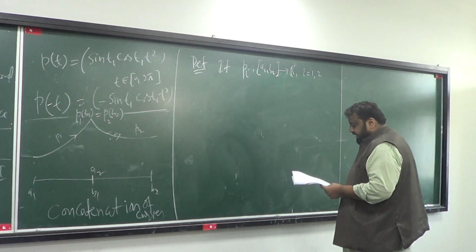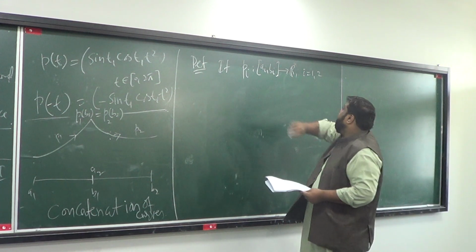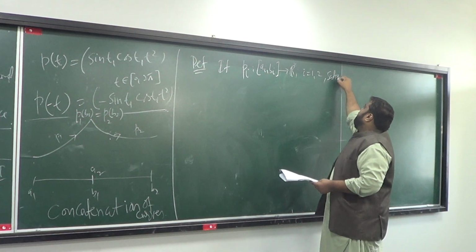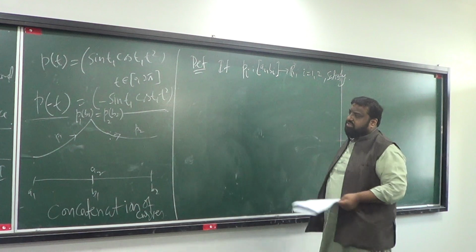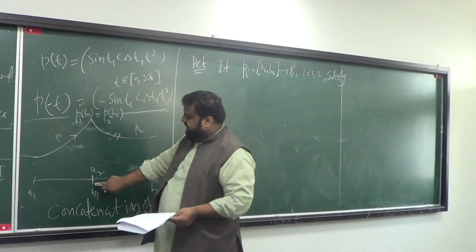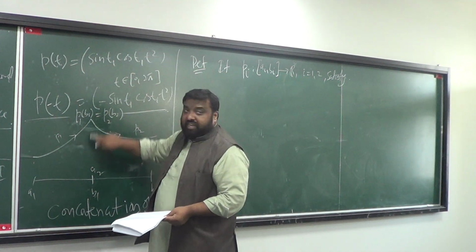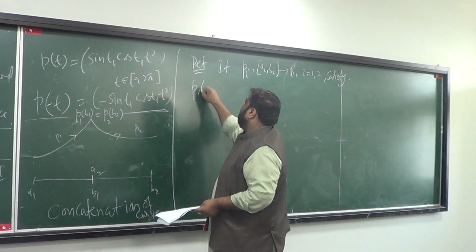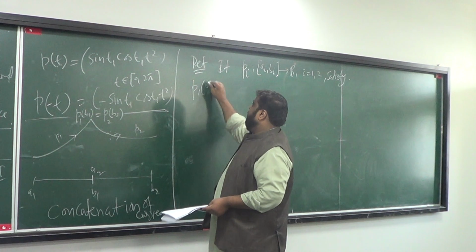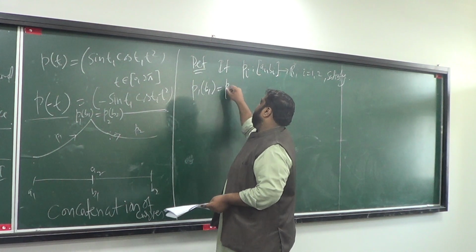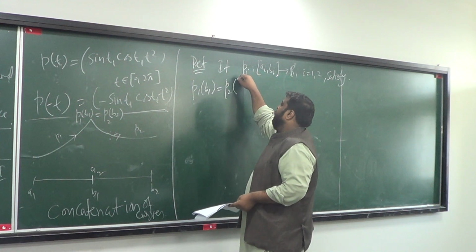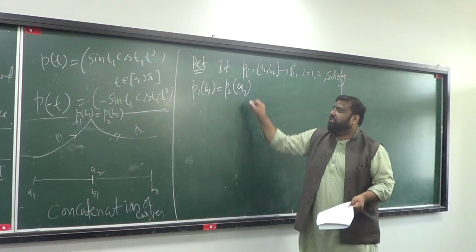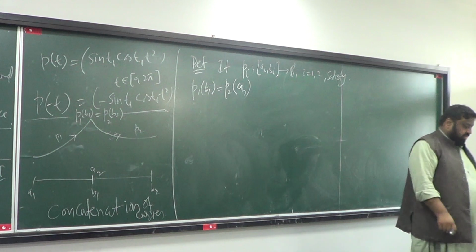And these 2 parameterizations satisfy, what condition should they satisfy? That at their endpoints their values agree. That is, P1 of B1 is the same as P2 of A2. Okay, so this is the condition that they satisfy.